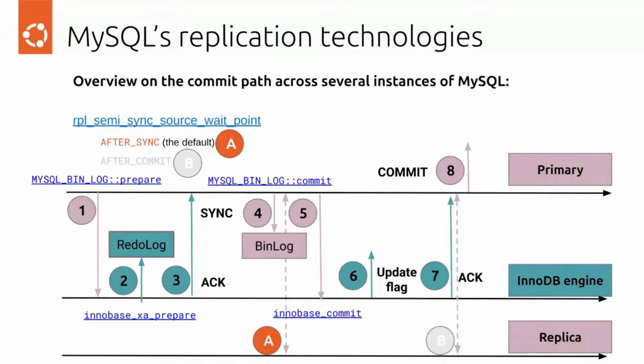Why is that? When the semi-sync source wait point is set to after commit, the replication to the replica, basically sending the changes to the relay log on the replica, will happen after step 7.